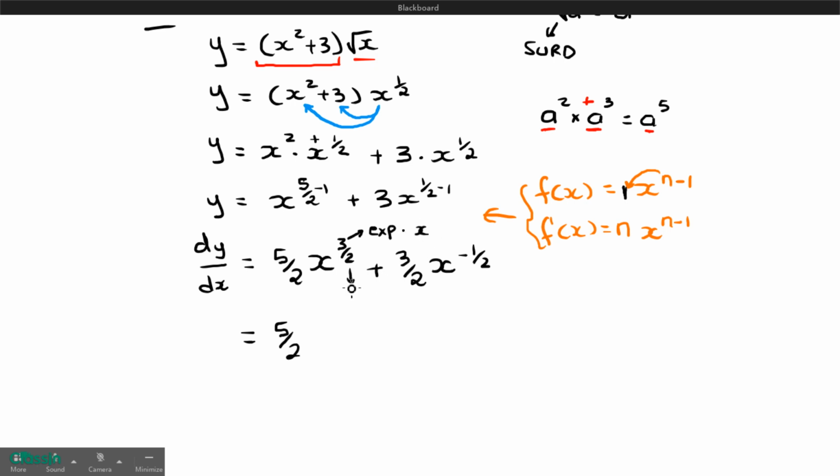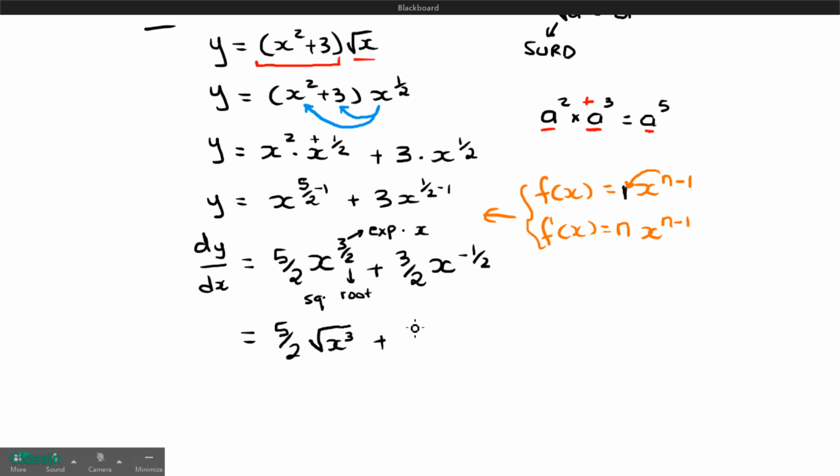And this one represents our root, our square root. Because it's 2, we will say it is a square root. But if it was 3, we were not going to write square root, but we are going to write cube root. So because 2 represents the square root, we put a square root first, then our x, and we said 3 represents the exponent of x. Then we have cube.